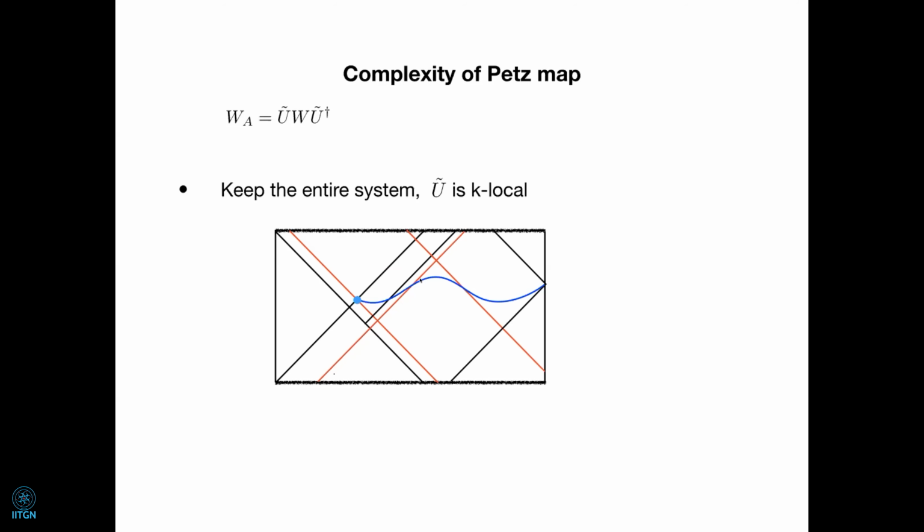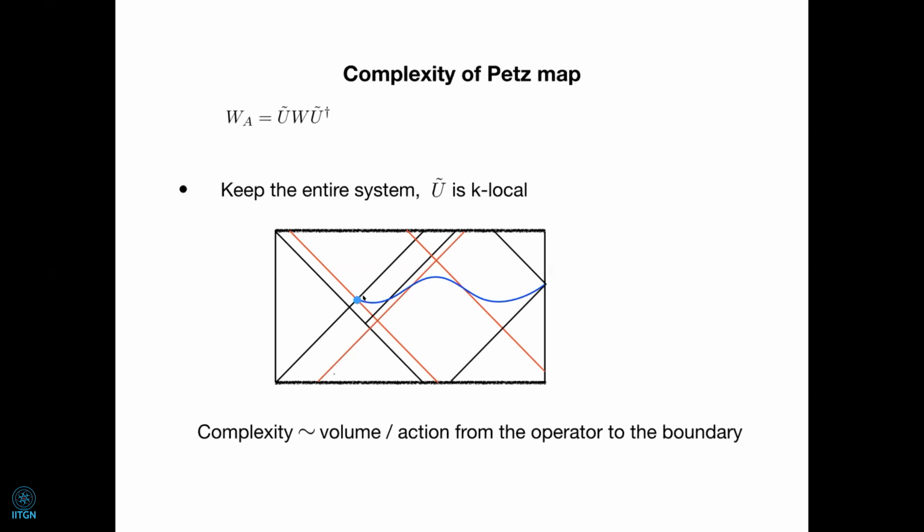The key property is that it can be represented as a K-local circuit, and this K-local circuit corresponds to the wormhole geometry. That's the idea of holographic complexity, the complexity-volume or complexity-action duality.